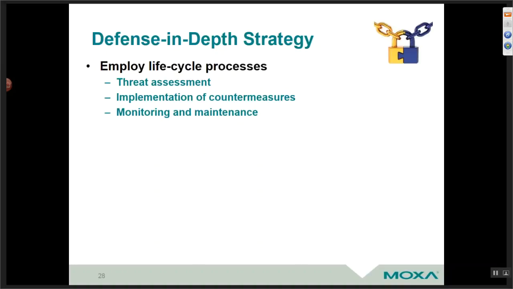Then implement countermeasures to those threats. If you have a device that is not secure, how do you patch it? How do you get it updated? How do you get it secure? And finally, once you've done both of those things, monitor and maintain that security level so that nobody can get into your system after that initial cybersecurity assessment.